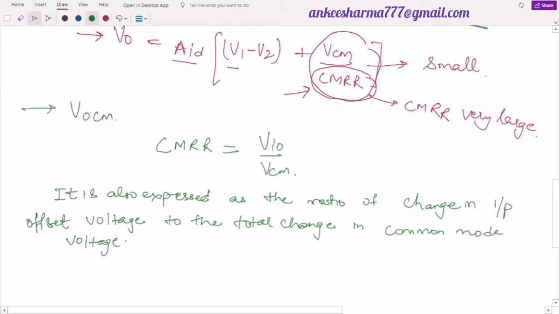So this is another formula for common mode rejection ratio, that is input offset voltage divided by the common mode voltage.